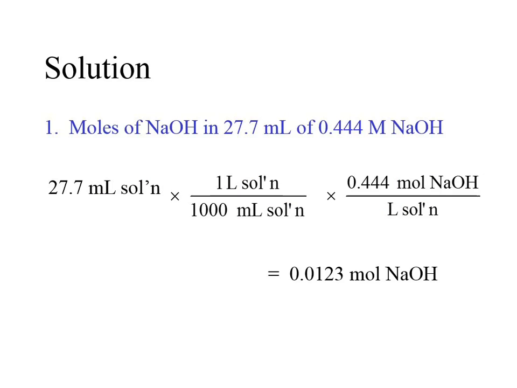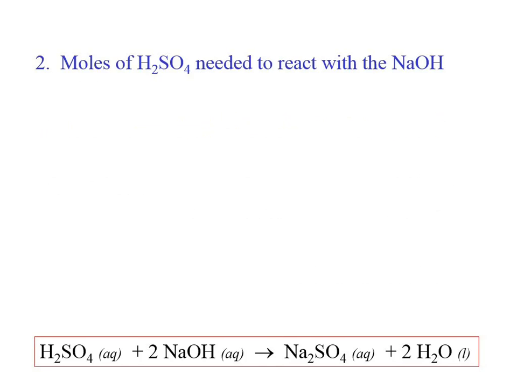So now we have moles of NaOH. We need to get to moles of H₂SO4 for the second one. So we'll piggyback. Our first term here is going to be that 0.0123 moles of NaOH. There's where we need to glance down at the balanced equation. So we're going to have moles of NaOH cancel, so we're going to put 2 moles of NaOH in the bottom and 1 mole of H₂SO4 on the top.